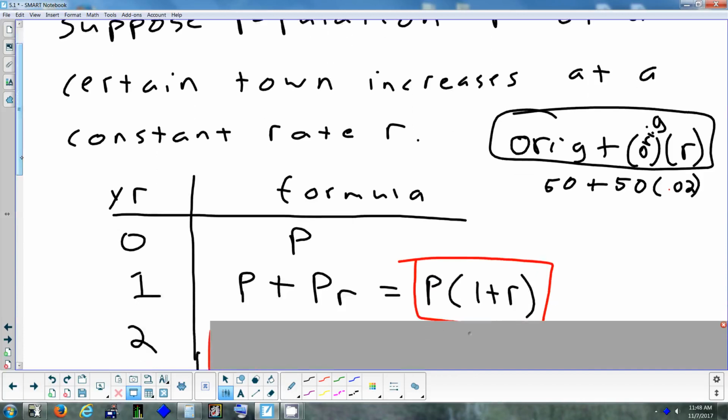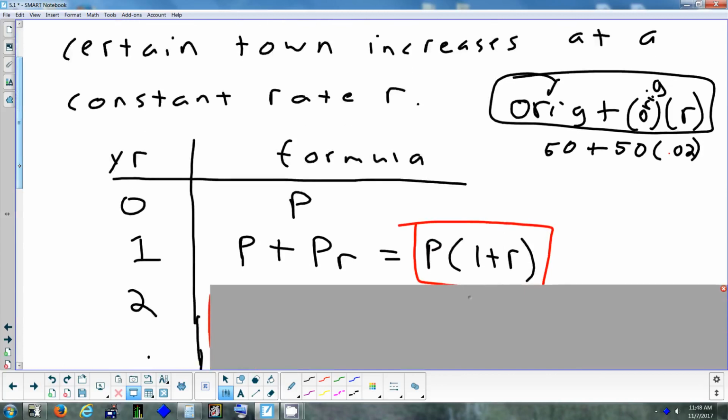Now for year 2, what I just put in the red box is my new original amount. That's what I'm starting with on year 2. Using this idea, what would I write down for year 2?